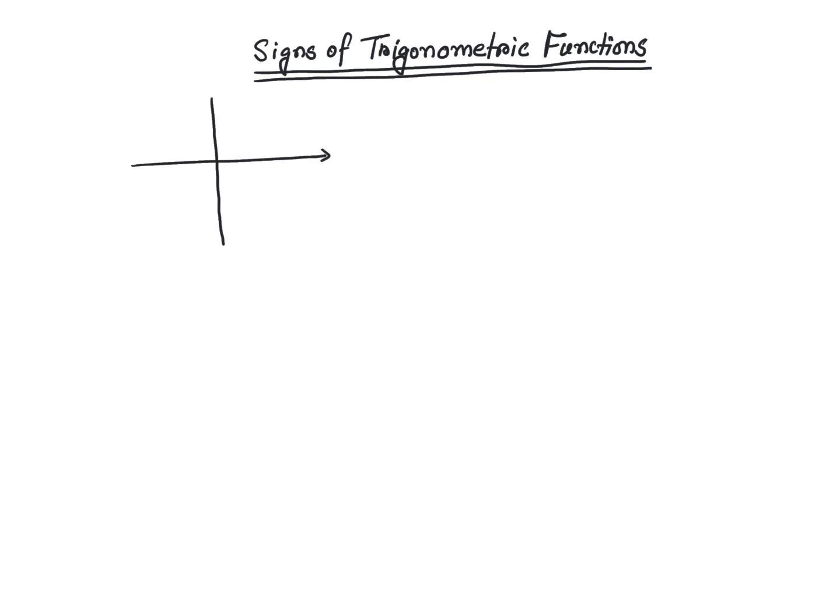So let's say this is my x and this is my y, negative x direction, negative y direction. The way we define angle is this. You start off with a line segment aligned with the x-axis.